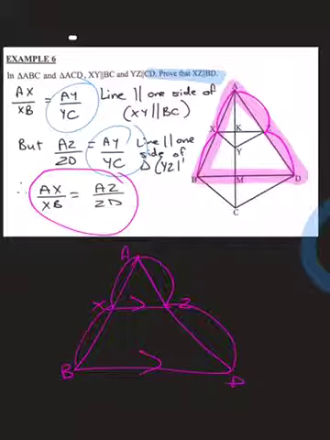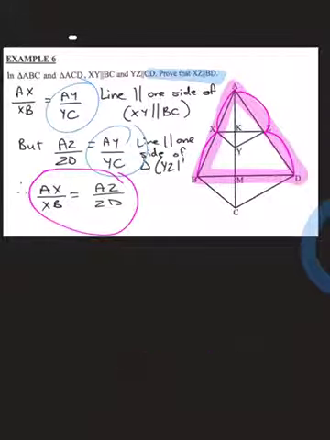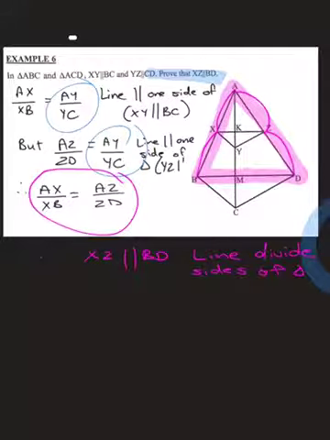So we'd say from this point, therefore, XZ is parallel to BD because they are lines that divide the sides of this triangle in proportion. Okay, and the proportion is that the AX to XB, AZ to ZD. All right, so it's quite a simple concept. It's nothing extra really from that.